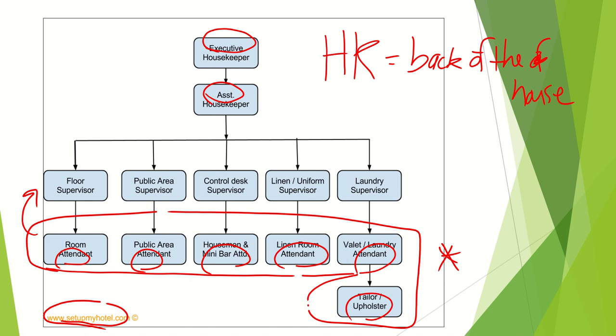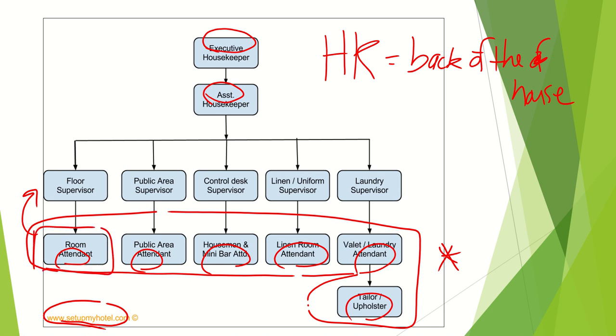As you can see from the organization chart, which sub-department have a chance to meet guests very often? Do you have any idea? Which department, which sub-department have a chance to meet guests very often?